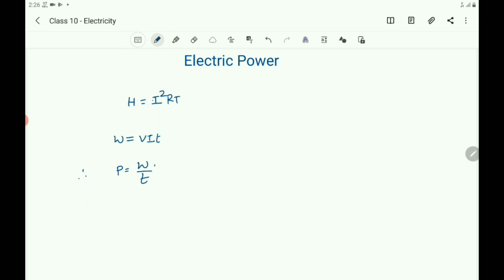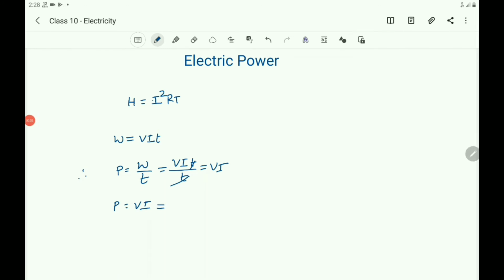W is V I T, so P equals V I T by T. So you will get P equals V into I.